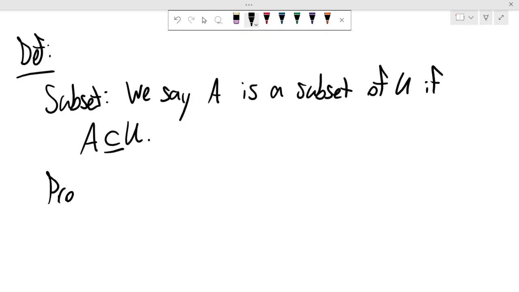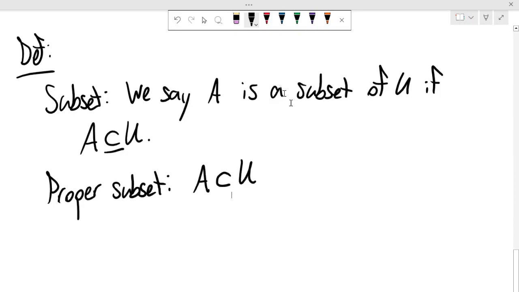And we say it's a proper subset if we have A contained in U without any chance of equality. So a proper subset means it's definitely a subset, right? It's not necessarily the same set. But even if two sets are equal, one of the sets is technically a subset of the other one. Okay.